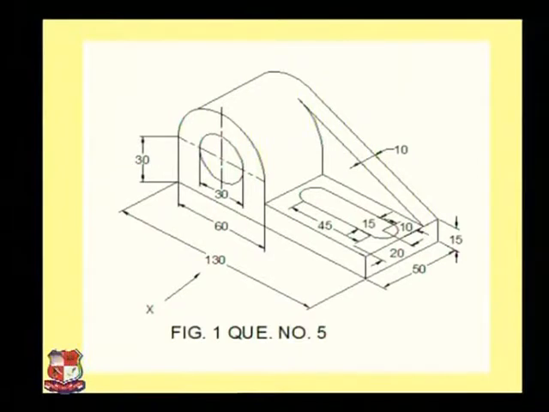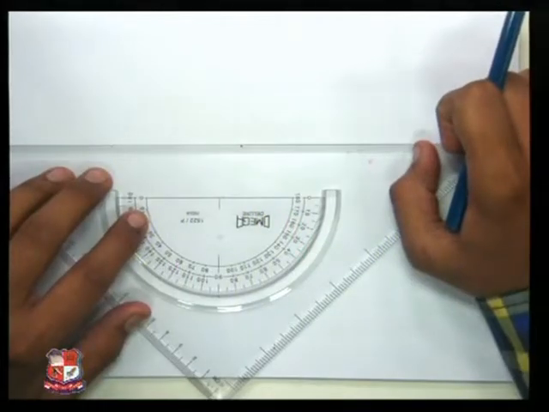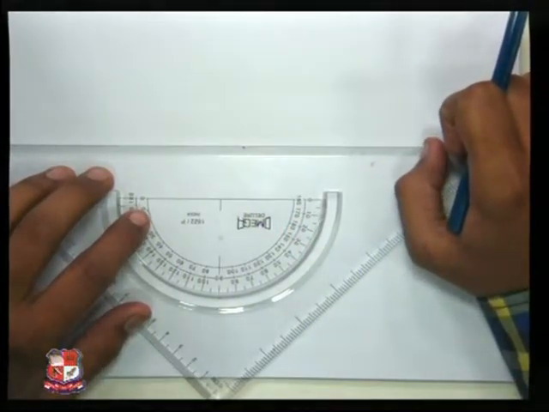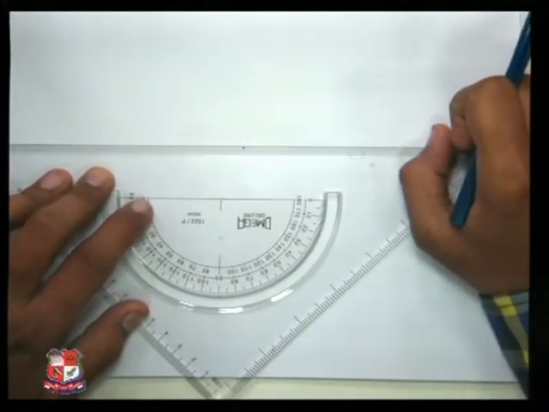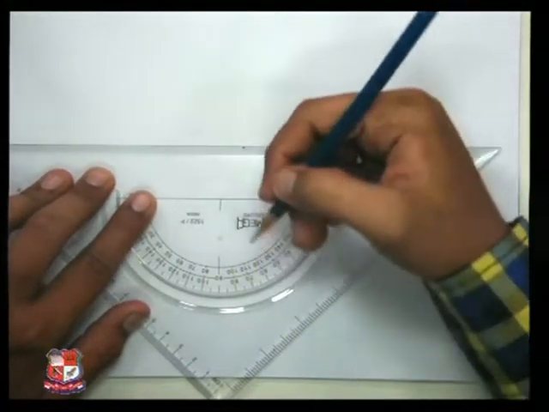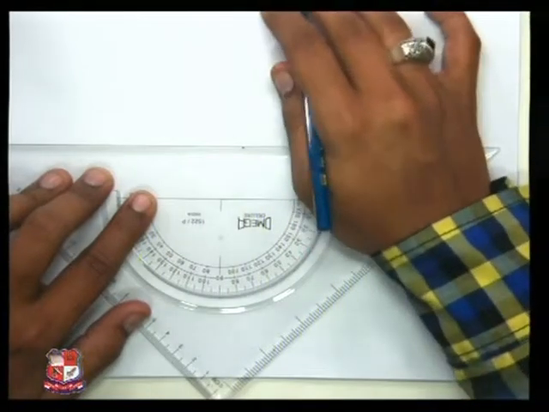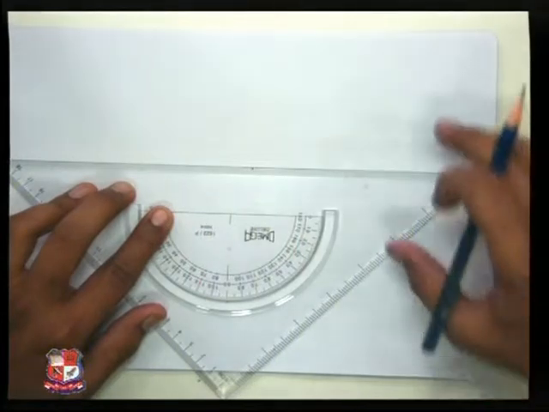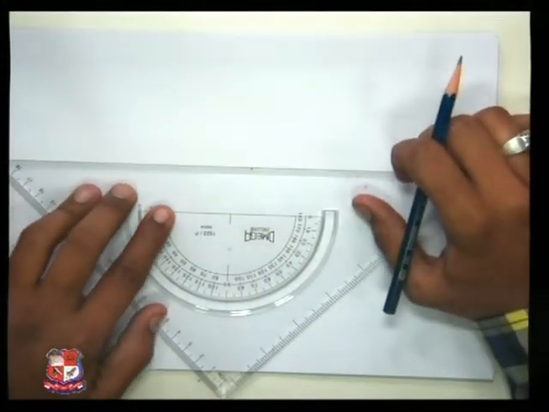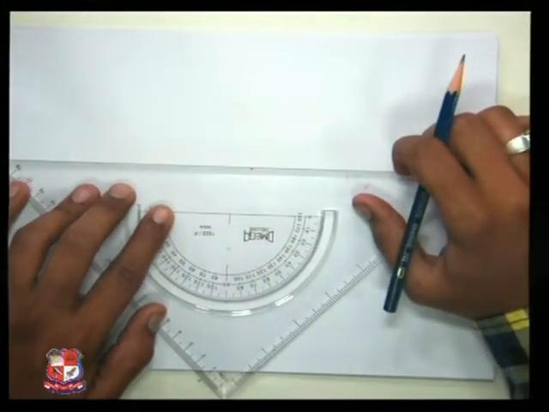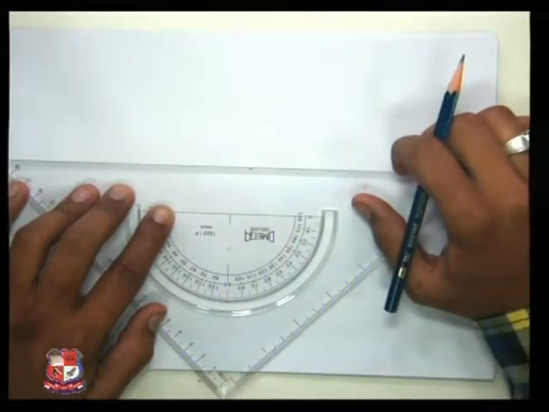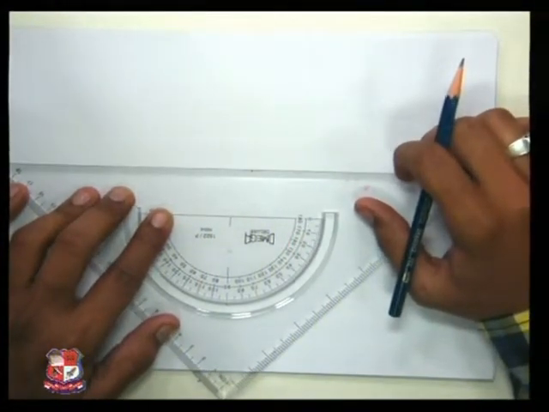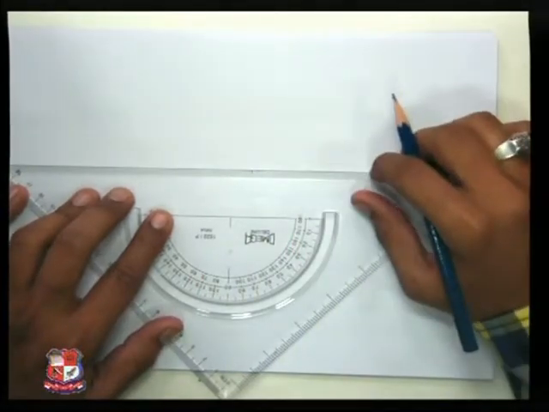It is using the first angle method, and if we are using the first angle method, then the plan would come, I hope you know, on the bottom side. So that's why I am plotting the elevation on the upper side of the paper. First of all, XY line or reference line.